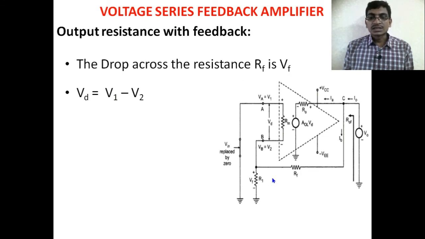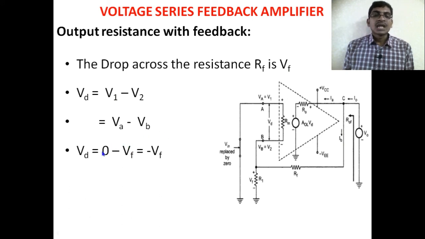We already know the differential input voltage Vd is equal to V1 minus V2, which is nothing but Va minus Vb, because V1 is equal to Va and V2 is equal to Vb. Therefore Vd is equal to Va minus Vb, and Vd is equal to 0 minus Vf.